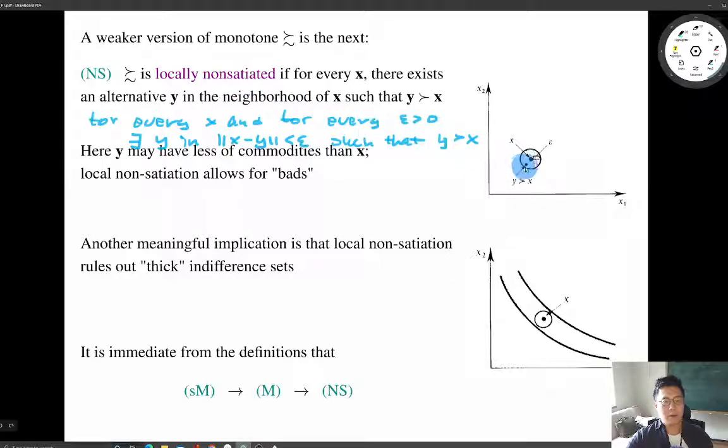Here, if we compare bundle y and bundle x, clearly bundle y has less of the commodities than bundle x. Still, the consumer may prefer bundle y to bundle x. So non-satiated preference just excludes the existence of a satiation point. There is no satiation point in the consumption set.